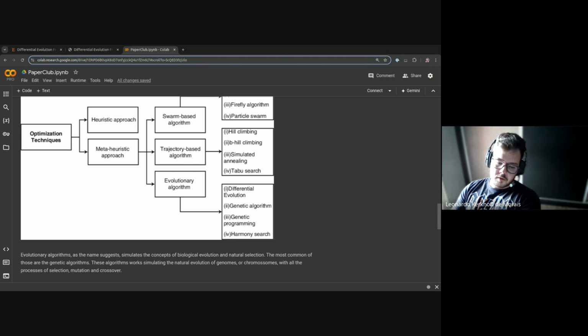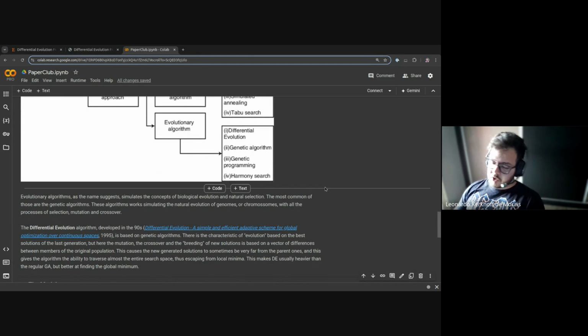Here, the most common of those, I believe, is the genetic algorithm, which tries to simulate natural evolution, thinking of genomes and chromosomes and things like that. So we have the process of the selection of the fittest, we have the mutation, we have the crossover between solutions. This is a very interesting concept. I suggest that all of you take some time to read about it. It's really a very, very crazy concept.